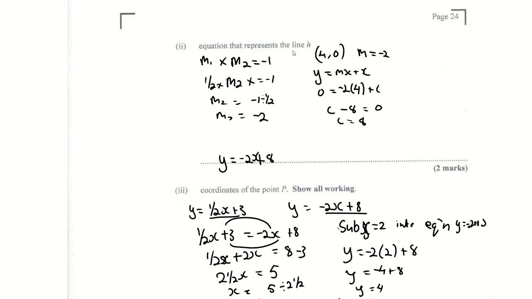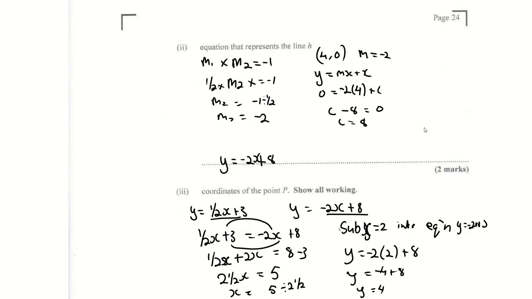The equation that represents line H. Now if you look at line H, if you want to find the equation, you need to find the gradient. The product of the gradient of line H and the gradient of line G is negative 1. We know the gradient of line G was a half, so the gradient of line H multiplied by half is negative 1. You make the gradient of line H your subject, which will give you negative 2.